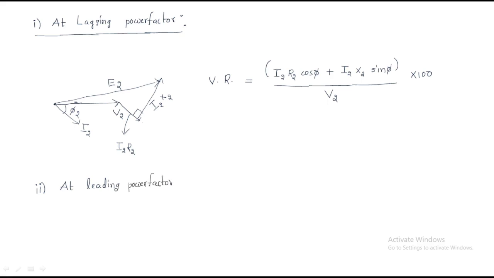Here the voltage regulation formula will be changed: I2R2 cos phi minus I2X2 sin phi, divided by V2.